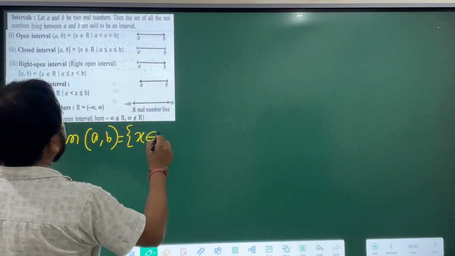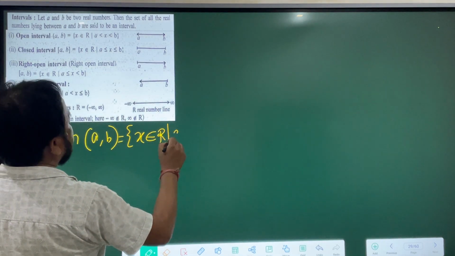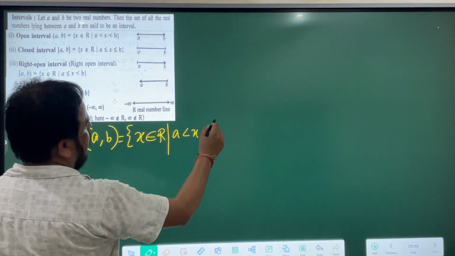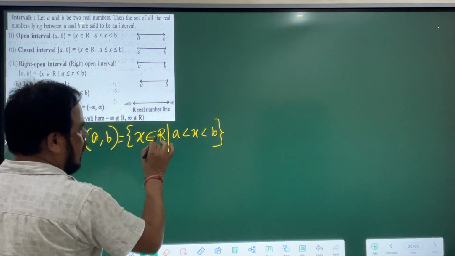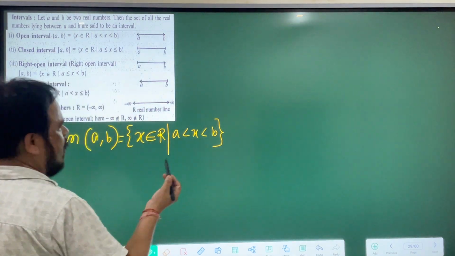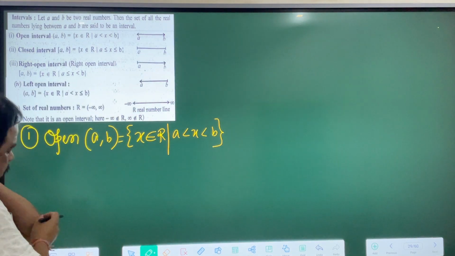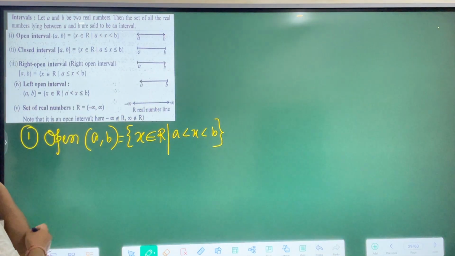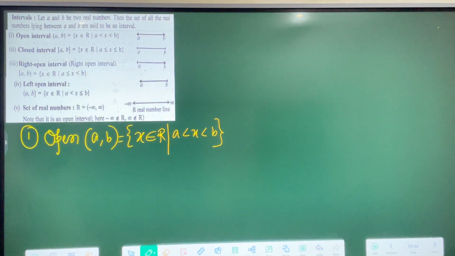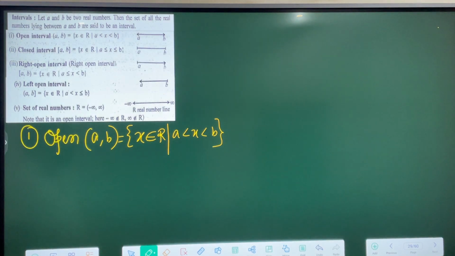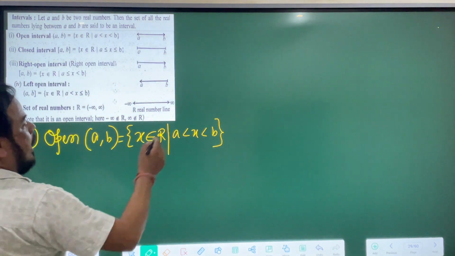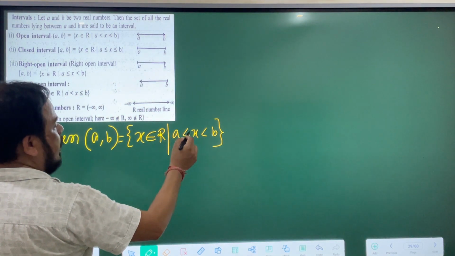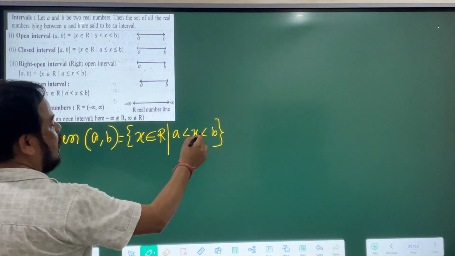In rule method we will write {x : x belongs to real numbers, a < x < b}. You know real numbers. I am not going to explain real numbers again. If you don't remember, please go through your books, and you will understand real numbers, natural numbers, integers. Anyway, x is greater than a and x is smaller than b.